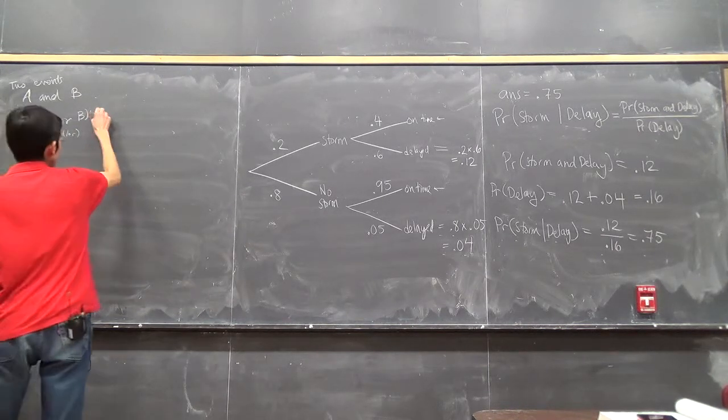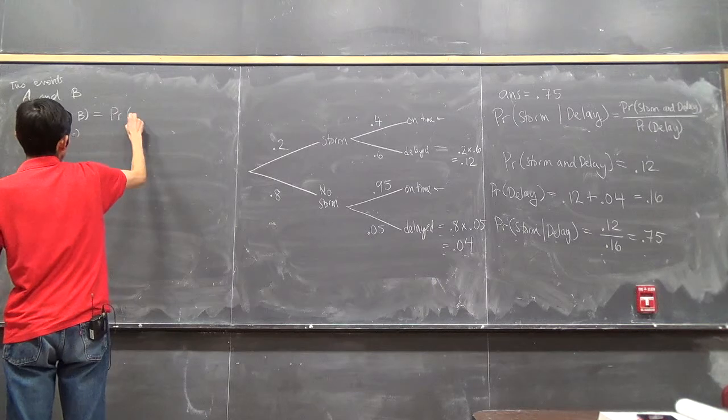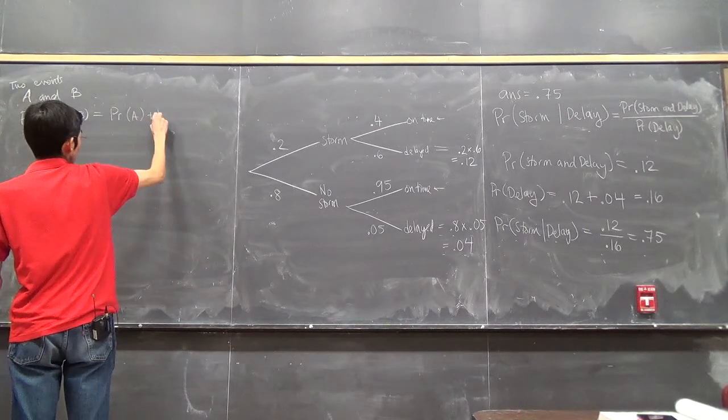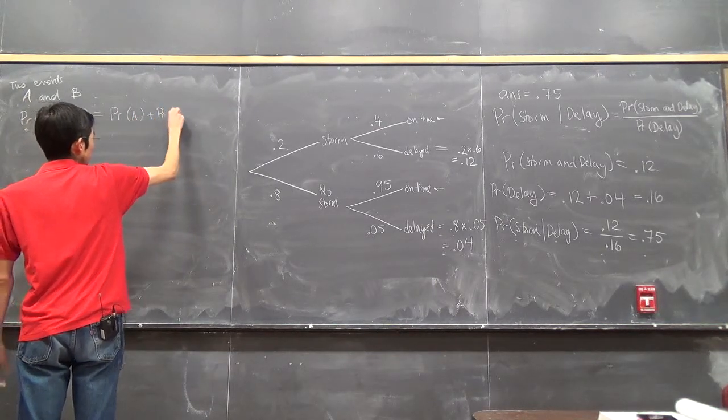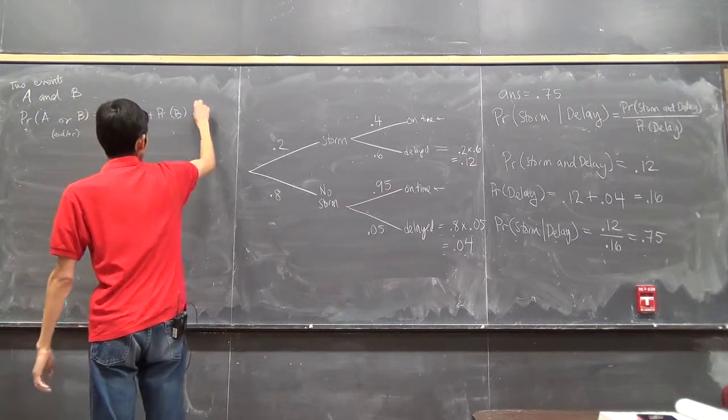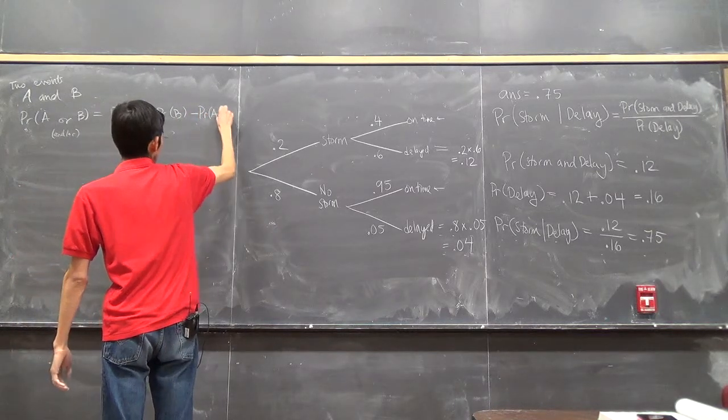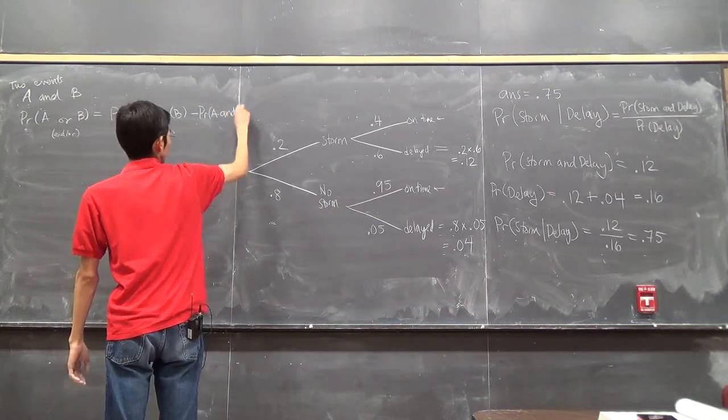So the probability of A or B is equal to the probability of A plus the probability of B minus the probability of A and B. Okay.